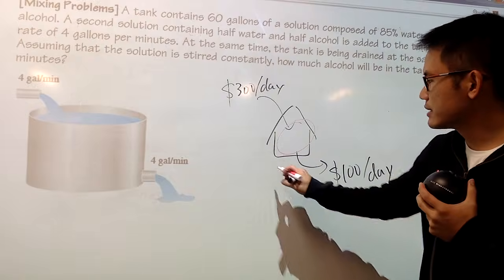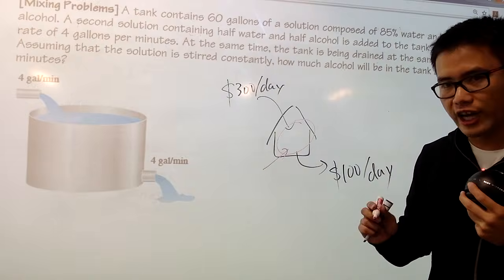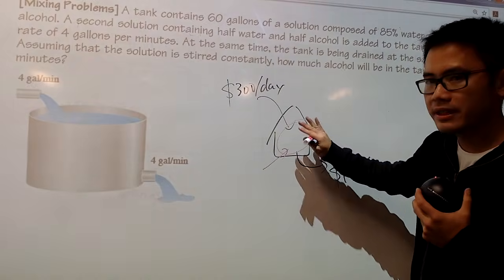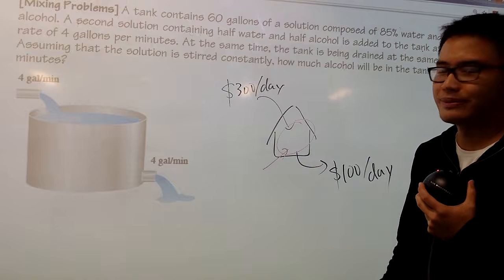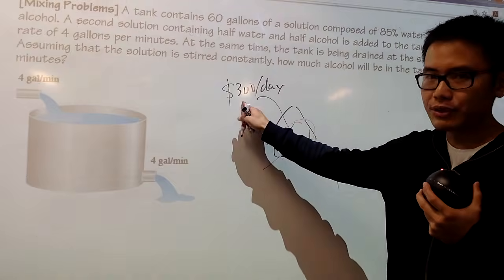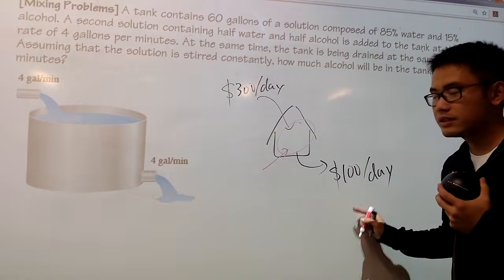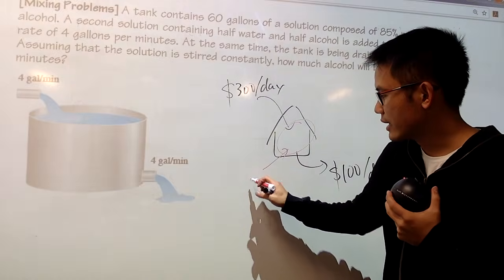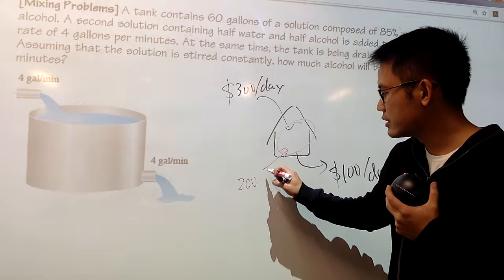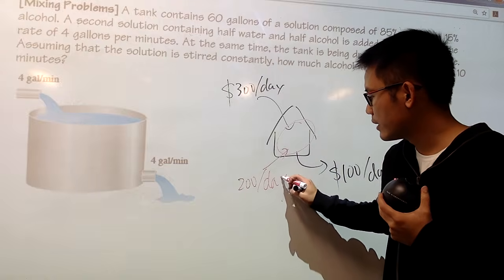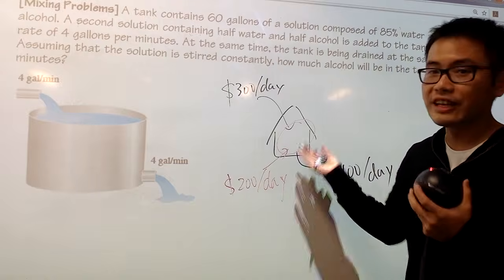Now the question is, what's the rate of change of the amount of money that we actually have in the house? All we have to do is $300 minus $100, which is $200 per day. So in fact, we are still saving money.